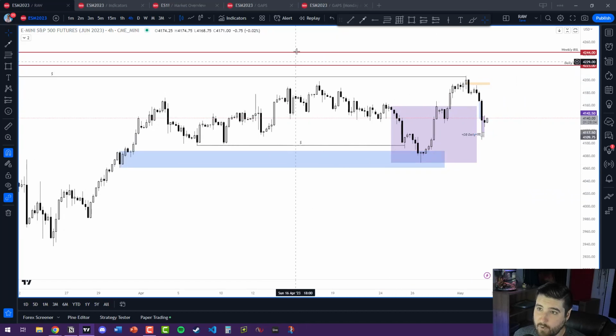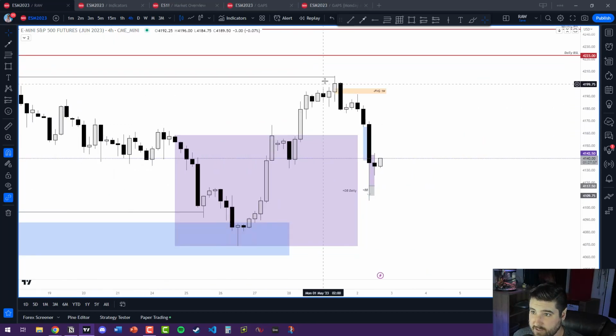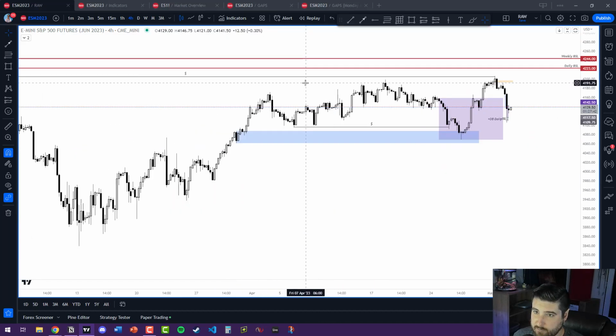Now, what are these lines, right? These are where I want price to go through. And as you see, that first one I had marked up this morning, or it was Monday, sorry, price went right through that and then sold off. So people are thinking this is support, right?